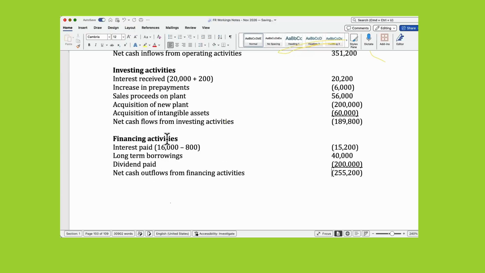Okay, so that would be net cash outflows. This one too was a net cash outflow. Then you end it with the reconciliation. It's not 255, that is not correct. It's 175,200.